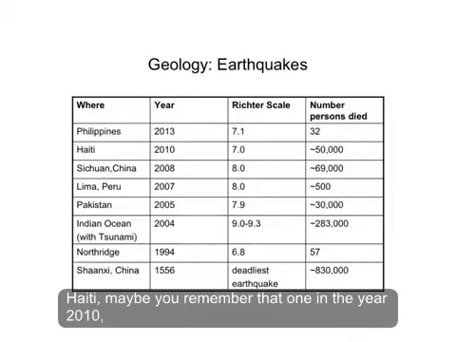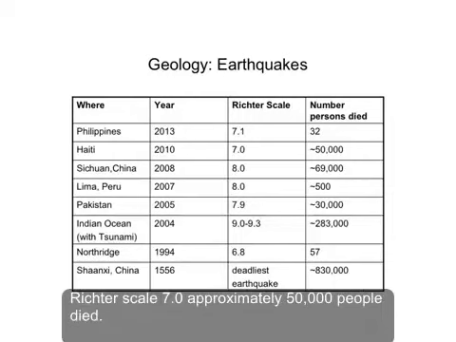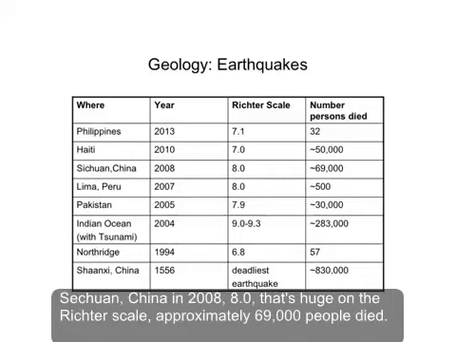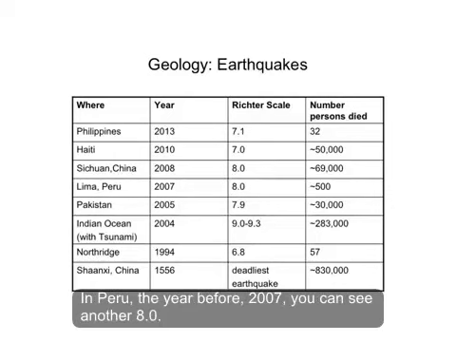Haiti, maybe you remember that one, in the year 2010, Richter Scale 7.0, approximately 50,000 people died. Sichuan, China, in 2008, 8.0, that's huge on the Richter scale. Approximately 69,000 people died. In Peru, the year before, 2007, you can see another 8.0.